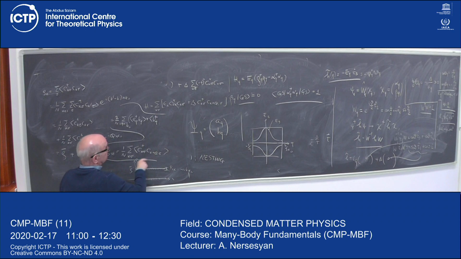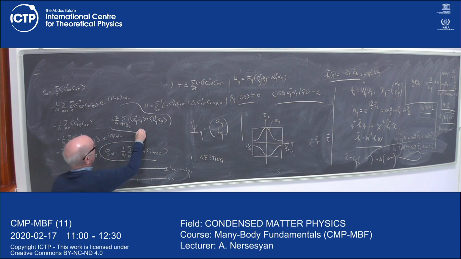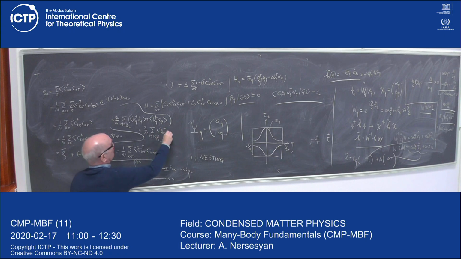And then the double shift by q, since 2q is the reciprocal lattice vector, is the same as a of q. This is how it looks, and this is nothing but twice over n, sum over q, less than pi divided by a naught, the average value of psi of q, tau 1, psi of q.